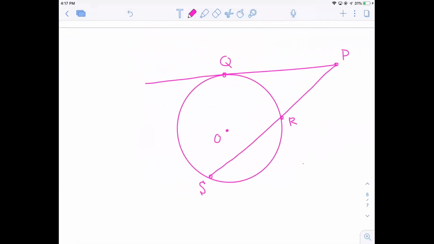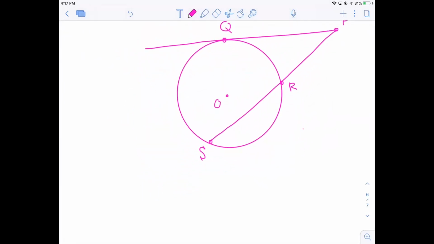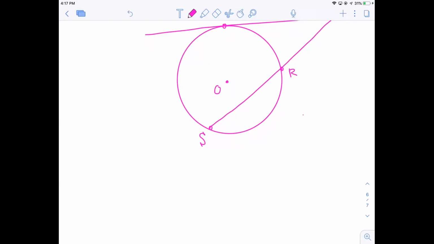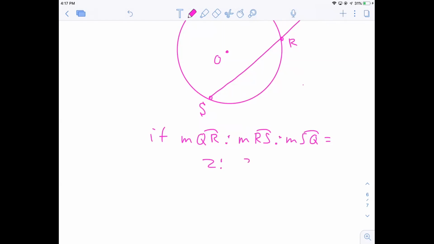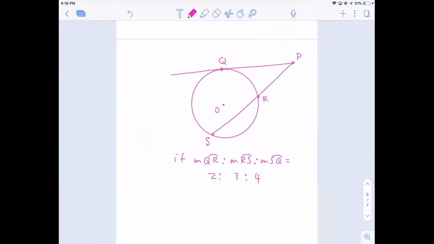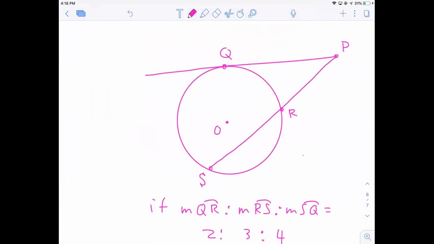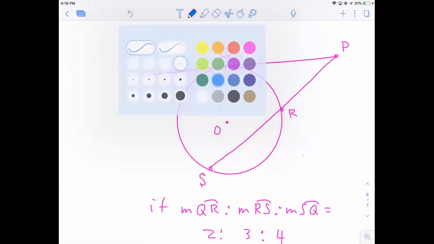All right, so given this diagram, if I told you that the measure of arc QR to the measure of arc RS to the measure of arc SQ is a 2:3:4 ratio, I want you to find the measures of all the angles and all the arcs in the diagram.